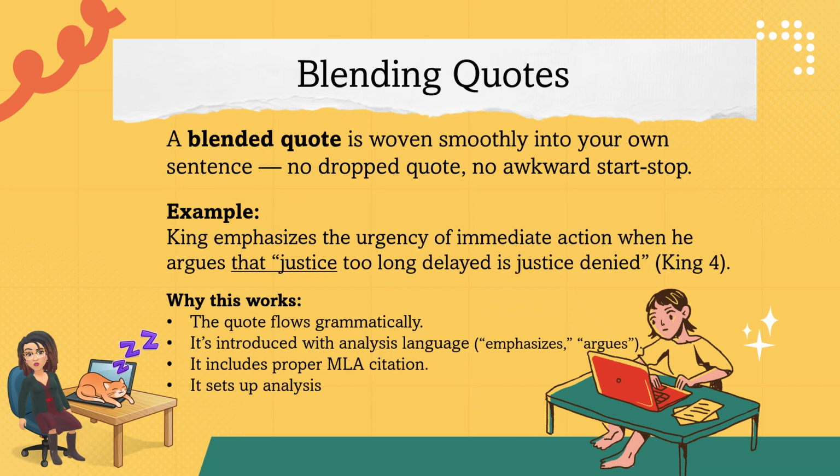Here's an example of a blended quote, which is a quote that's woven smoothly into your own sentence. There's no dropped quotes and no awkward stop. Pause here and read.